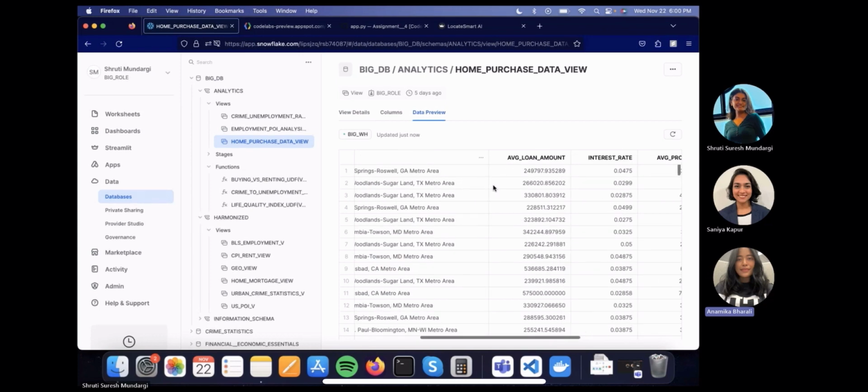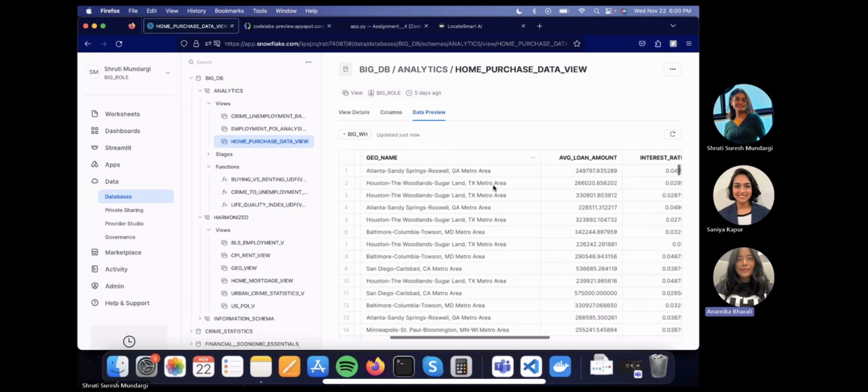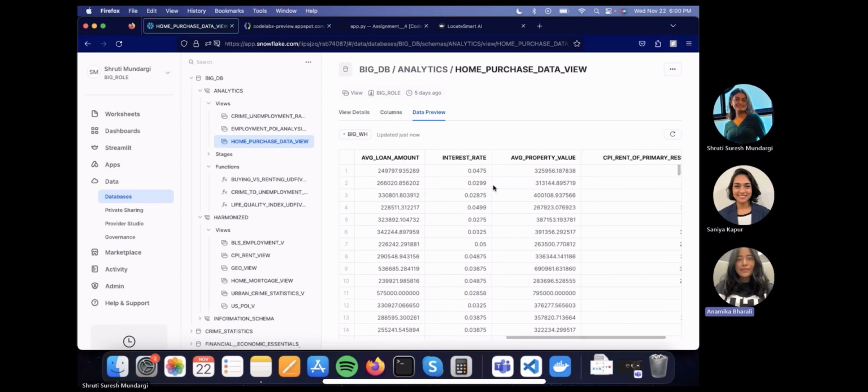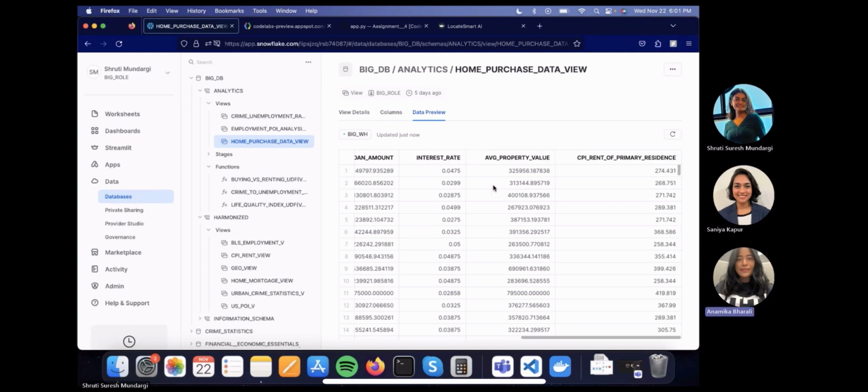This statistic records the average loan amount for that geocode, the average interest rate in that geocode, and the average property value, all averaged according to the year it was recorded and the geocode. We've also recorded the CPI rent of primary residence. Primary residence means that if a person has more than one house or property, we are using only the first one, because we are assuming that most people will not be able to buy more than one residence.